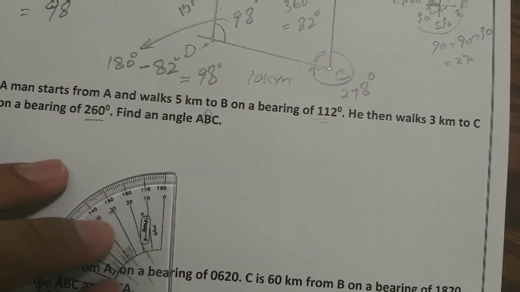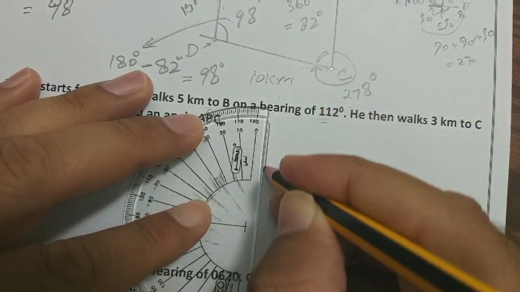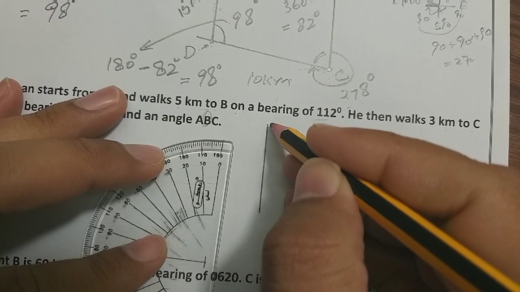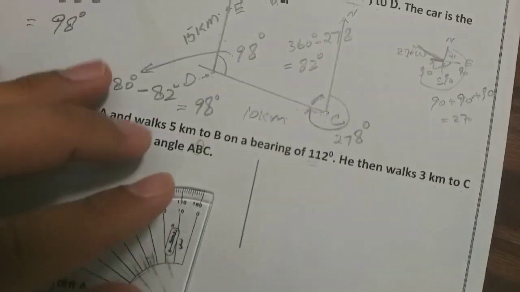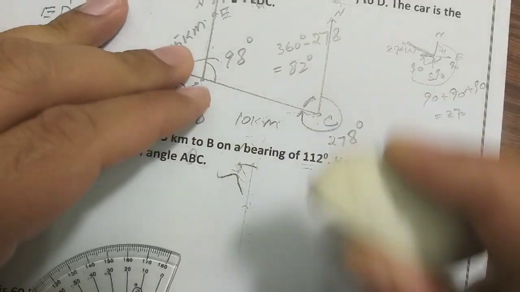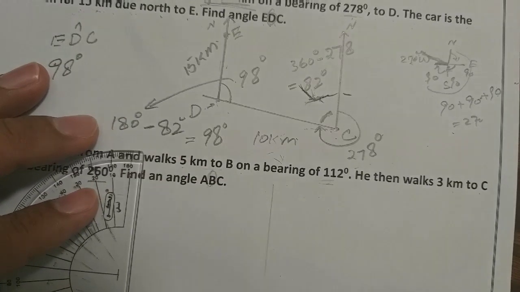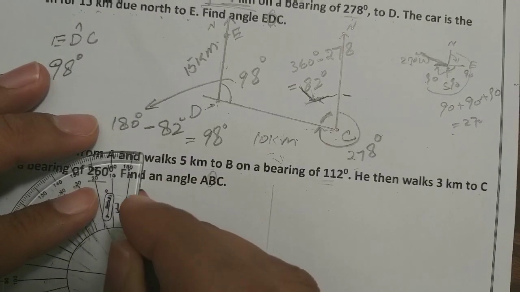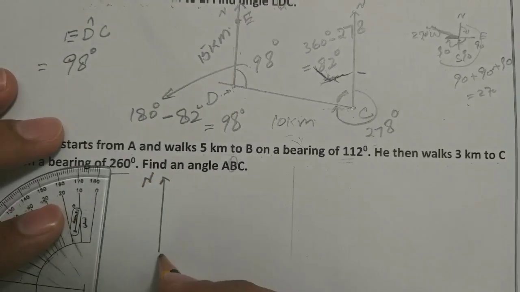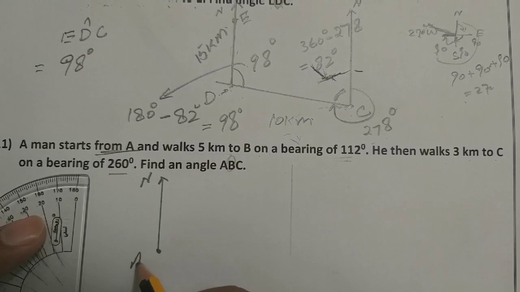So we draw the line. Let's suppose this is the compass, this is the north line, starting from A, so this is the A point.